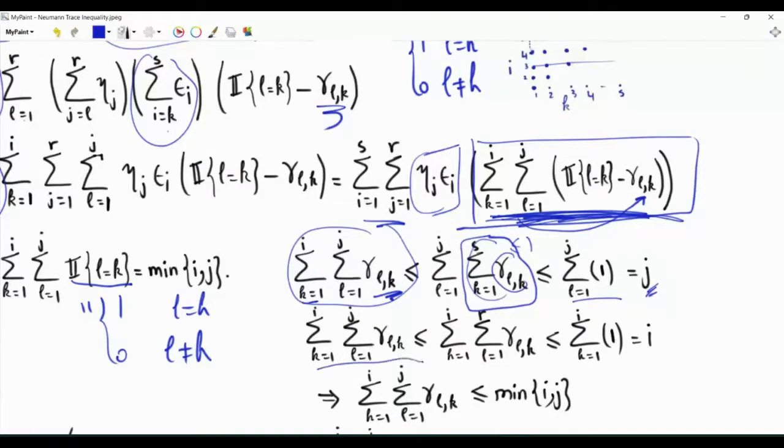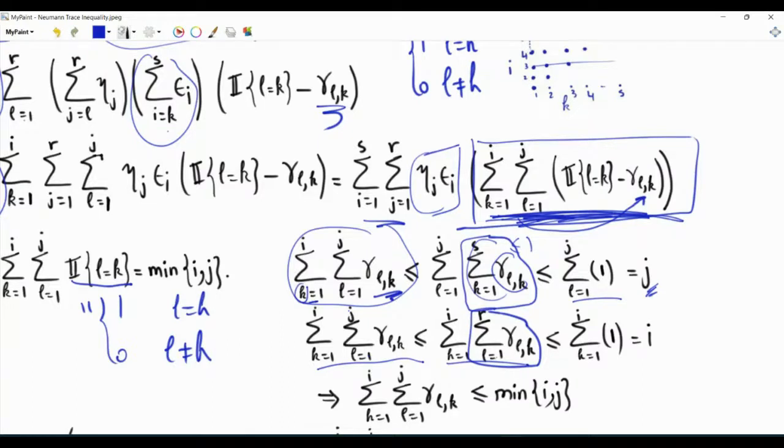But I can redo this step. Rather than extending the summation with the index K, we can extend the summation with the index L. Rather than going from 1 to J, we can go 1 to R. Again, this is a sum of non-negative quantities, so by extending the summation, we have an upper bound. But what is the sum of gamma LK over L from 1 to R?